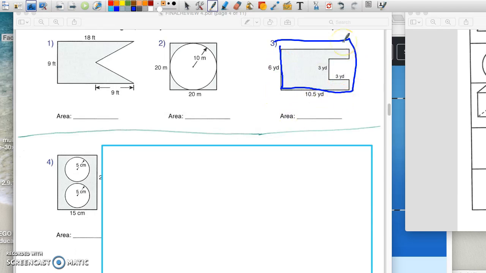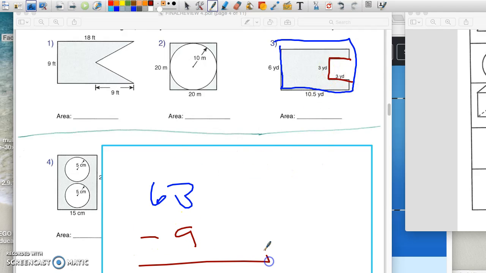That's 10.5 times 6, I get 63. And then I'm going to take out this itty bitty square. That could be simply 3 times 3, which is 9. Okay? And then I have 9. Subtract the difference. I'm going to get 54.